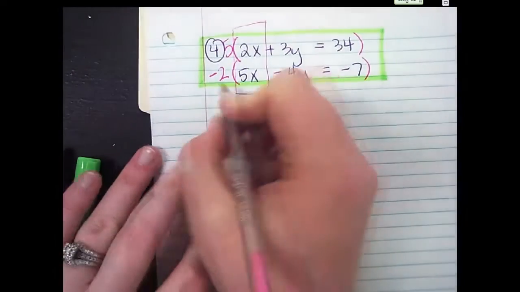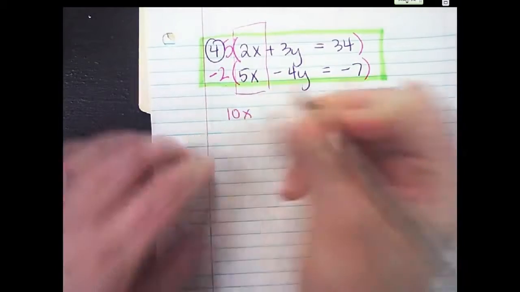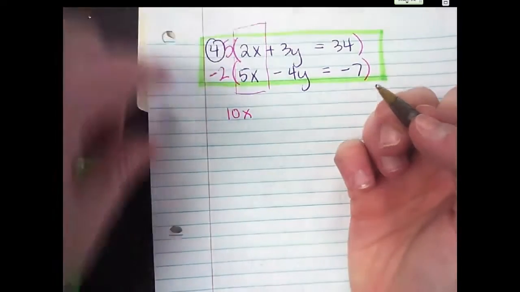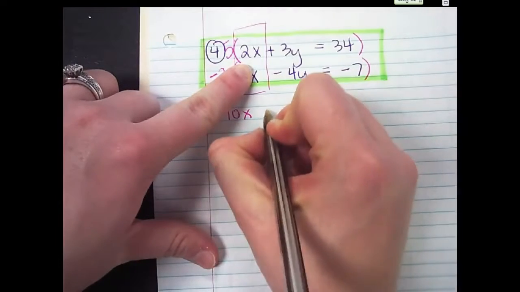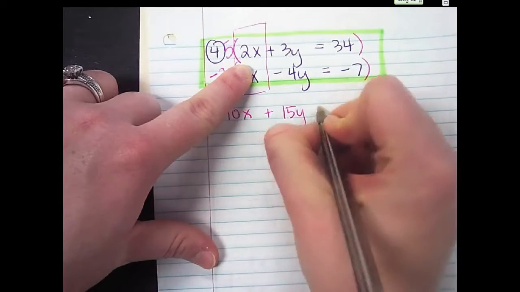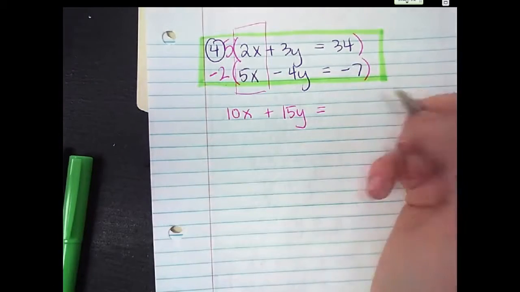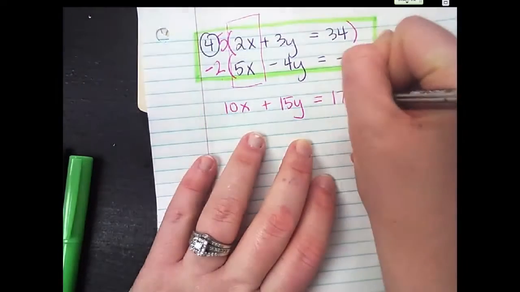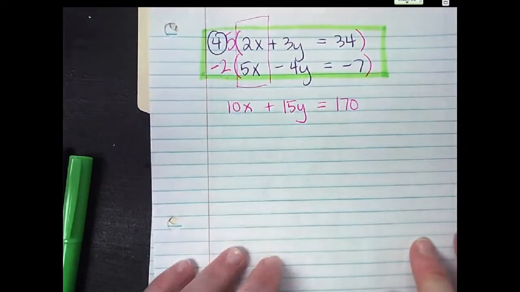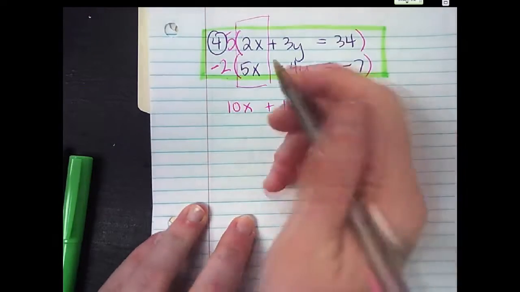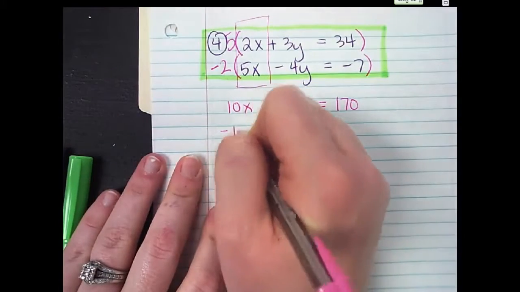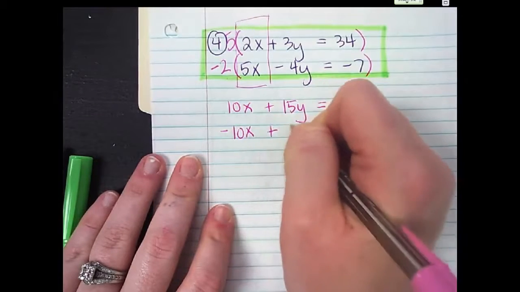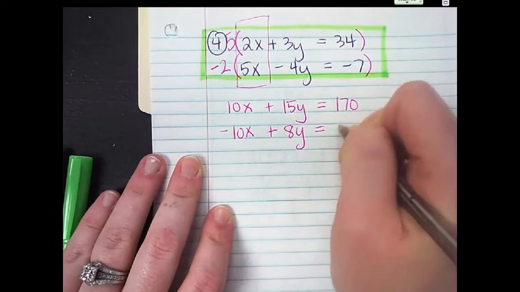I'm going to come down here. So 10x, I'm multiplying all the way across. This becomes 10x plus 15y equals 170. Then I have negative 10x plus 8y equals positive 14.